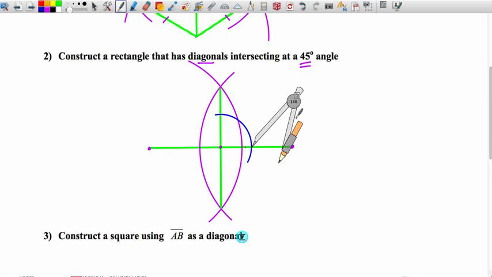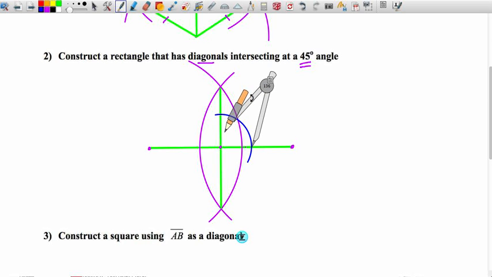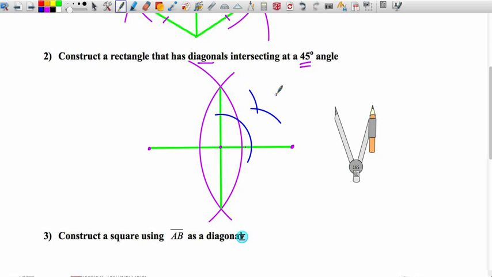I'll then move to one of those intersection points and draw another arc in the interior of the angle, repeat that process from the opposite point of intersection, and then if I go from the vertex of the angle to the point of intersection of my arc, I will have created a 45-degree angle.